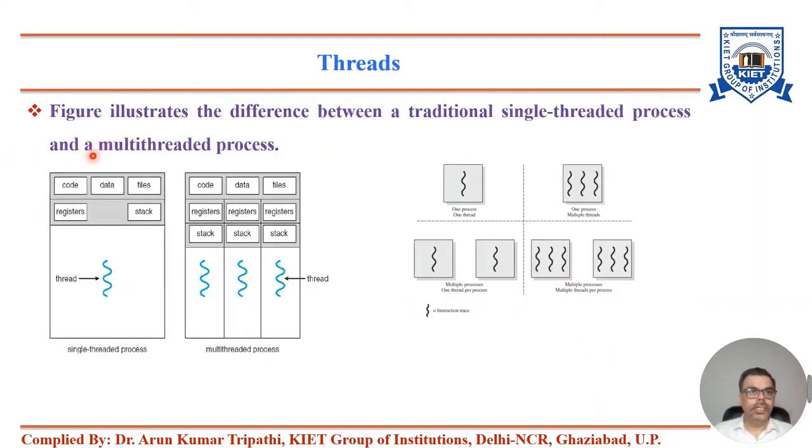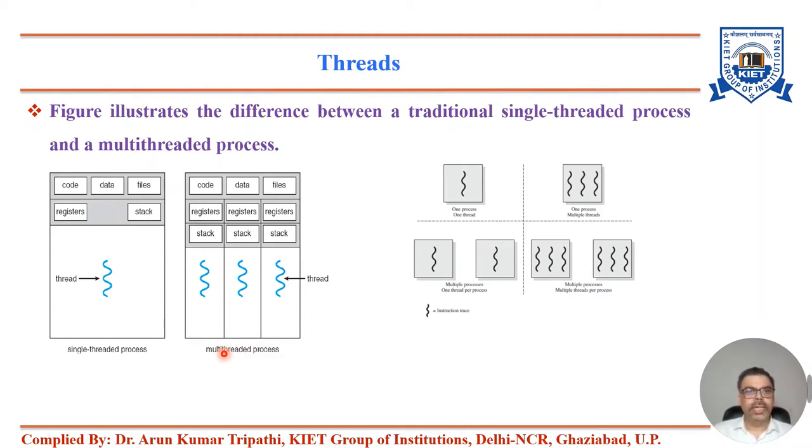Here it is a process. This process has a single thread. So there are dedicated registers, stack, code section, data section, and files to this thread. While here is a multiple thread process, means a process may have multiple number of threads.